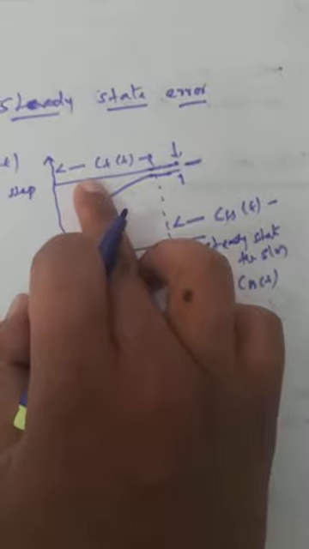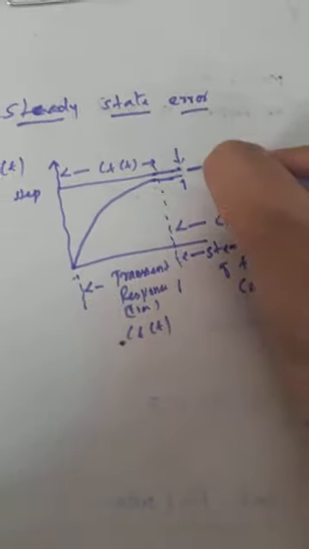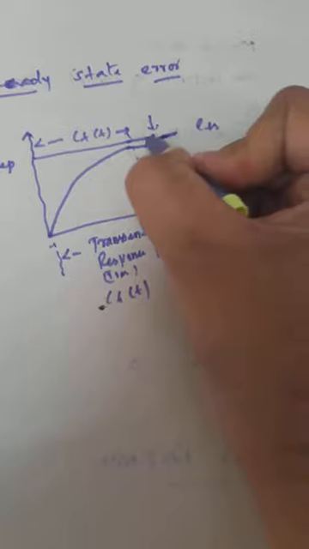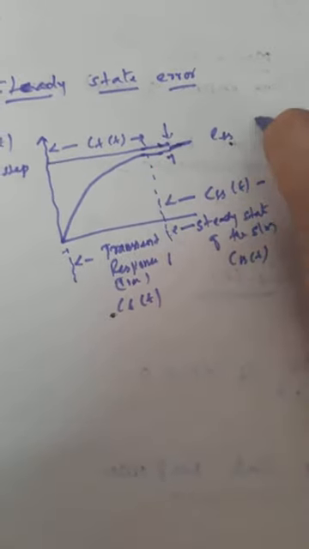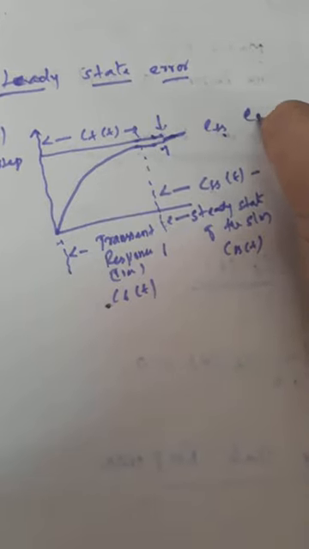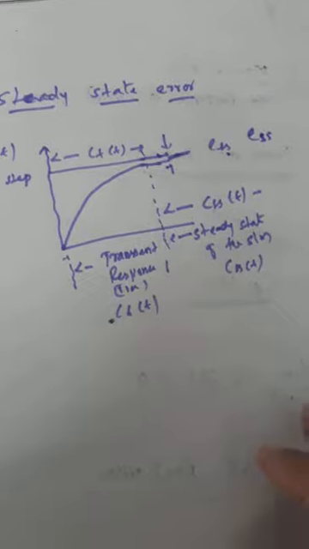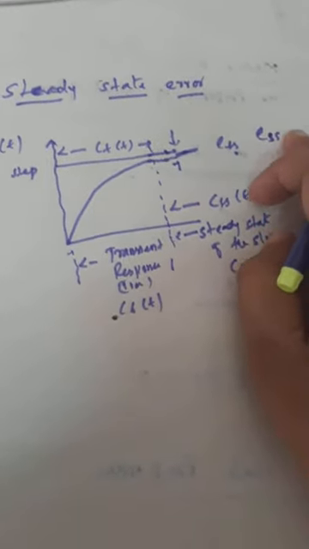The difference between the desired output and the actual output is nothing but the steady state error. Steady state error is represented by E subscript ss, that is Ess(t).